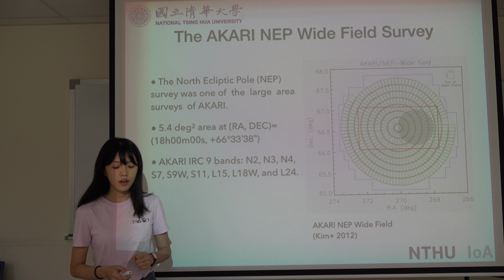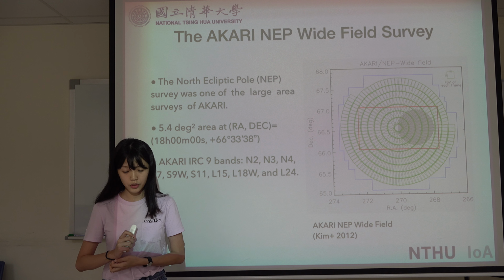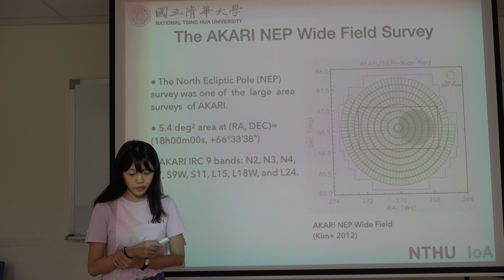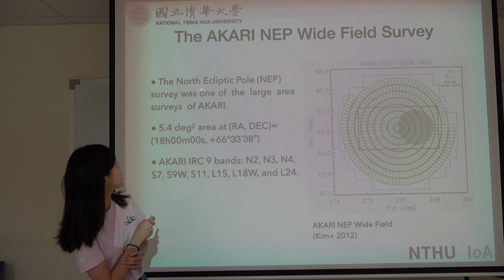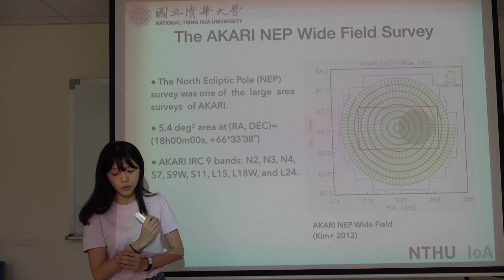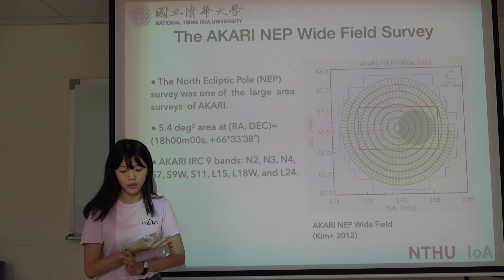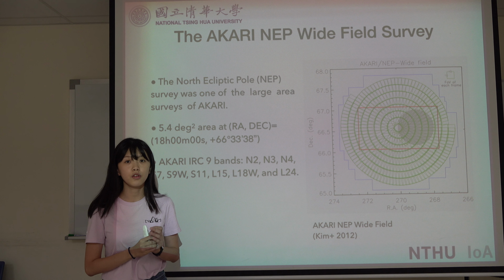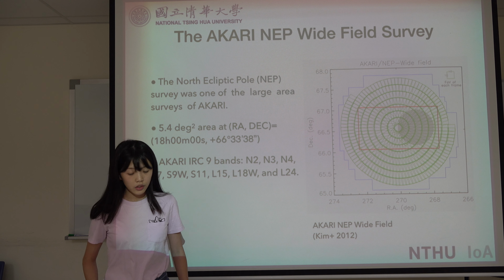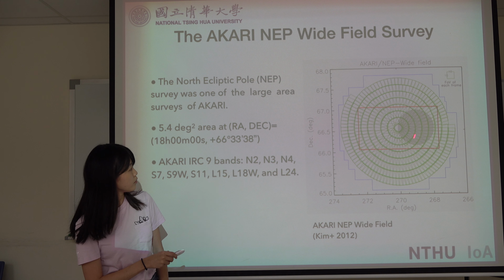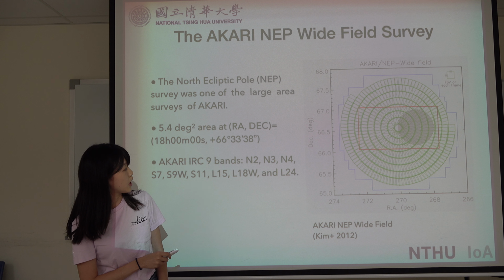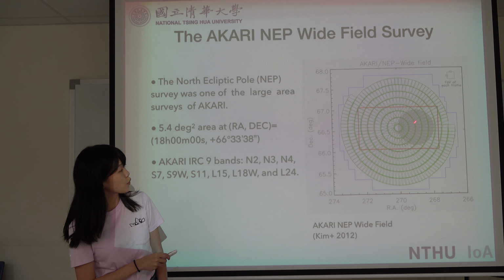We take the data from the AKARI NEP Wide Field Survey. This North Ecliptic Pole survey was one of the large area surveys of AKARI, which covers 5.4 square degrees. So this is the coverage of the AKARI NEP Wide Field, and the slightly darker gray region is the NEP Deep Field.